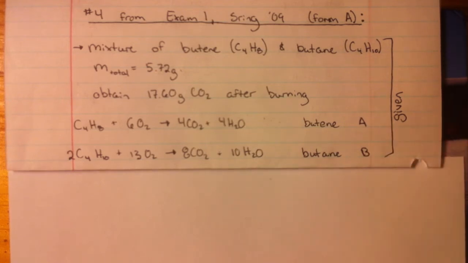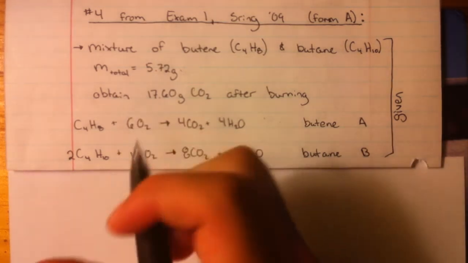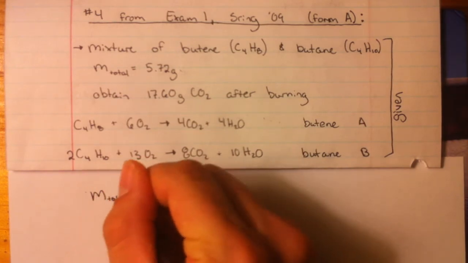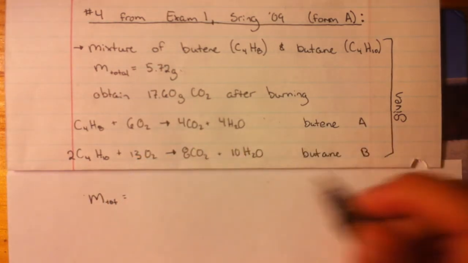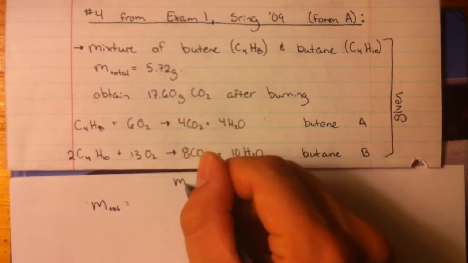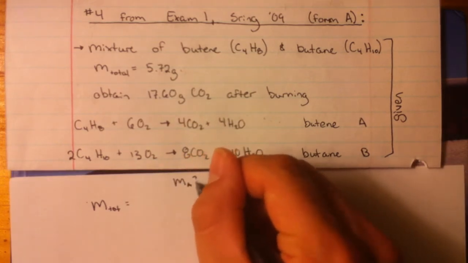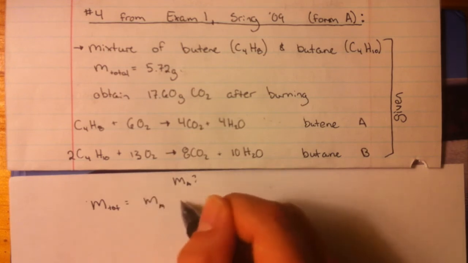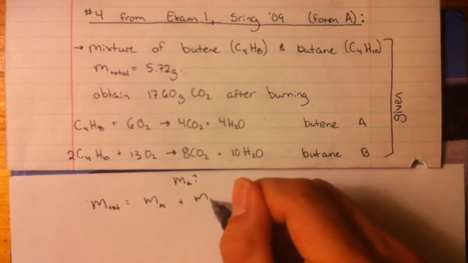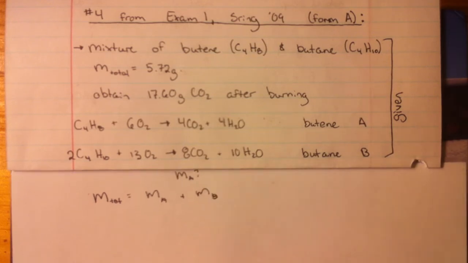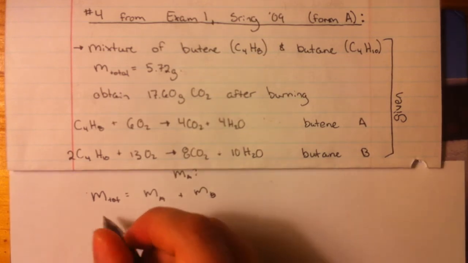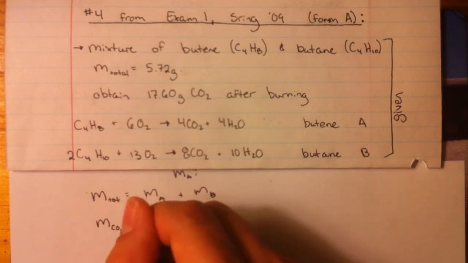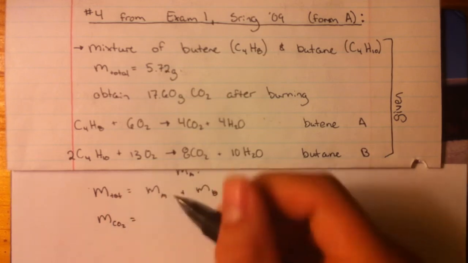So to start, let's go with what they gave us. We know mass total. What we want to find out is the mass of A. So mass total is actually the mass of A plus the mass of B. The other thing we know is the amount of CO2 that came off, which was given as a mass.